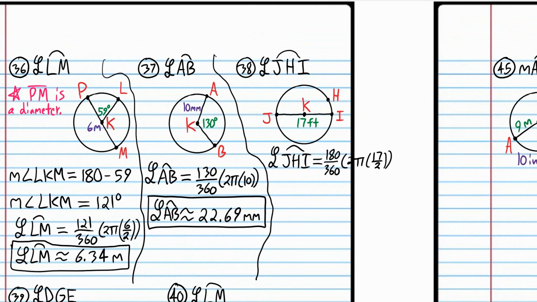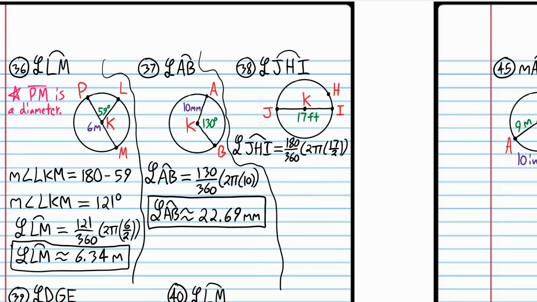And so now we just have to crunch the numbers. Let me try to fit this in here. All right, so we can get our calculator. 180 divided by 360 is obviously just 1/2. Times that by 2 equals, times it by pi equals, and then times 8.5, because 17 divided by 2 is 8.5, so equals, we get 26.7. 26.7, and that would be feet.